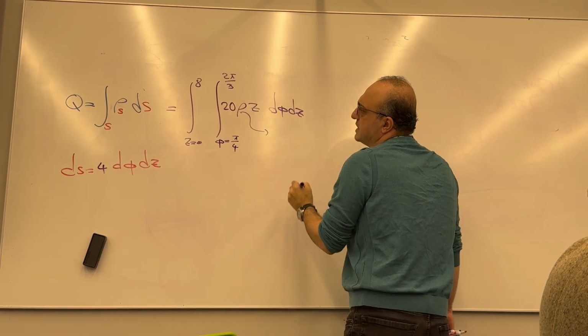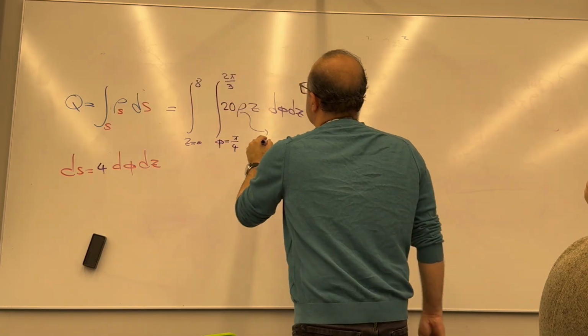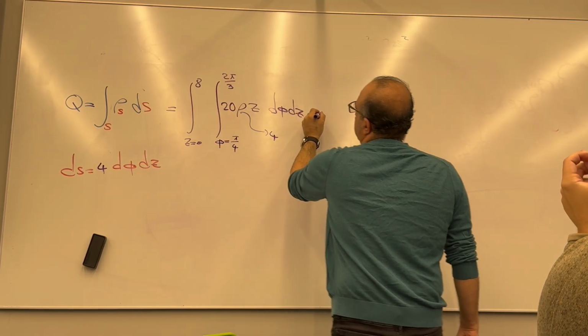The rho also, we said how much is that? 4. Then z goes up to 8.